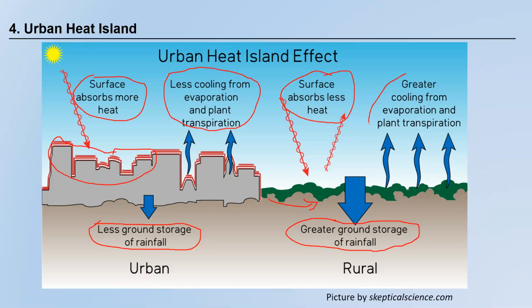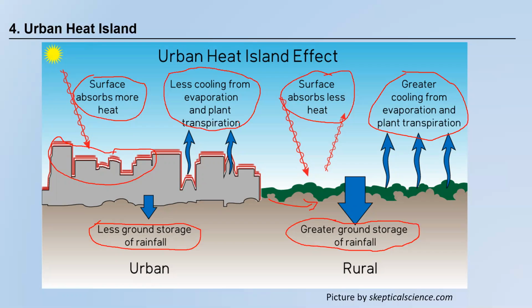Greater cooling from evaporation and plant transpiration, and the abundance of vegetation is another factor leading to urban heat island, right? Because there is less vegetation within cities, and vegetation can cool surrounding areas by evaporation of water, also by plant transpiration, which is actually another form of evaporation.